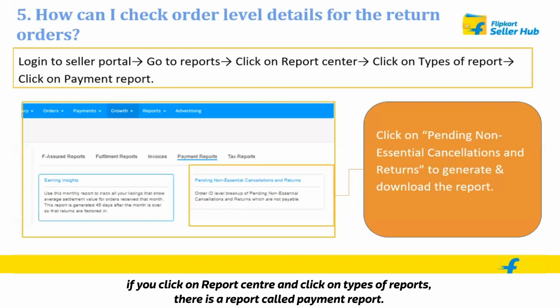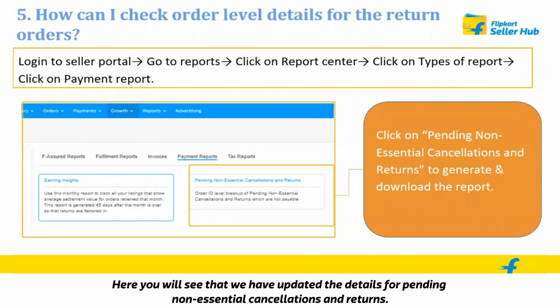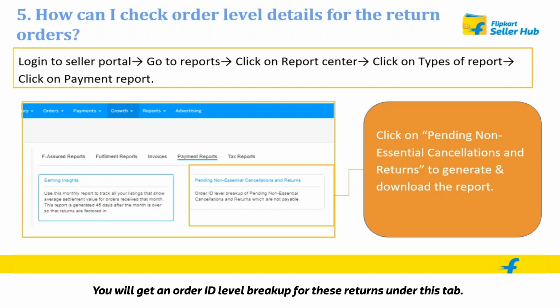On the report center, if you click on types of reports, there is a report called payment report. Here you will see that we have updated the details for pending non-essential cancellations and returns. You will get an order ID level breakup for these returns under this tab.